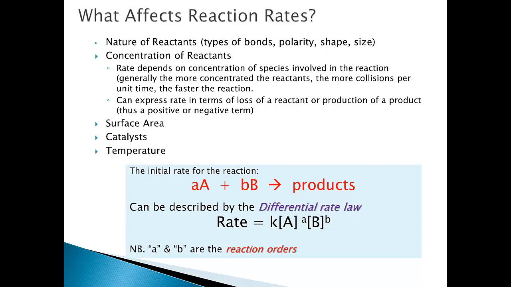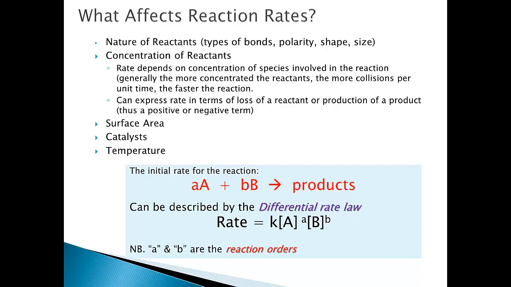So what we do to describe the rate is, here's the expression, the differential rate law: k multiplied by the concentration of A raised to the power of a, and the concentration of B raised to the power of b.